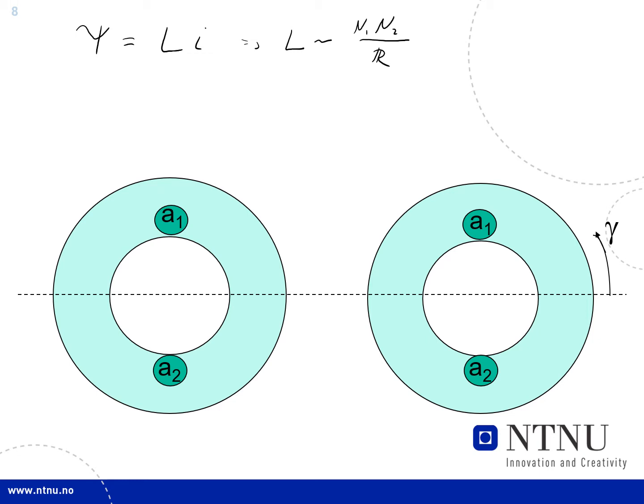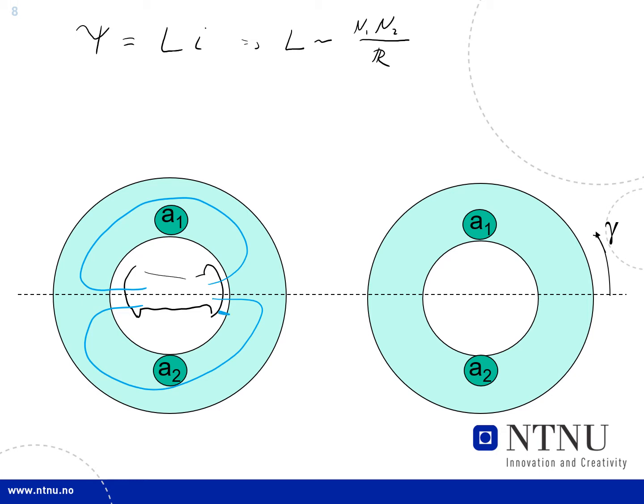So if we look at the different positions of the rotor here, let's assume a rotor like this, and the flux set up by the current in stator winding A will link like this, right? And what determines the reluctance in this position is the air gap here.